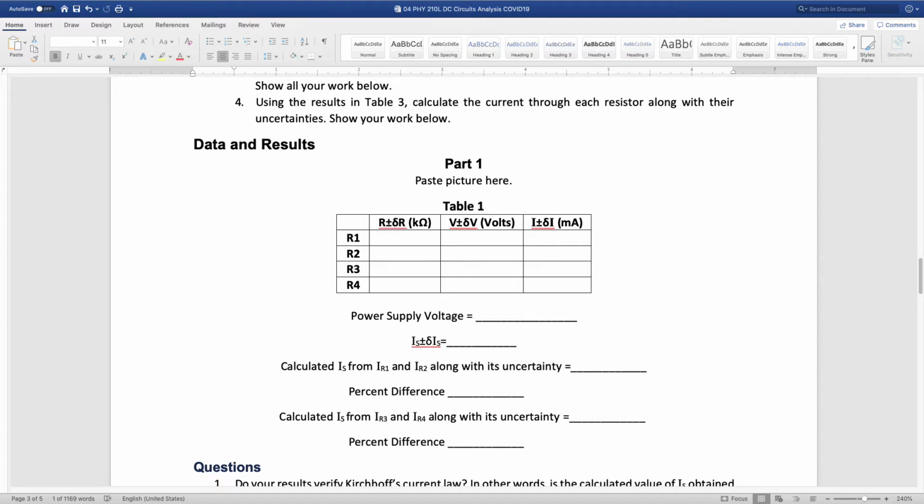Okay, so this version that I'm showing you on the screen is not the same as the version you have, because I added this the other day because somebody brought up a question regarding the power supply voltage. It tells you to measure it and record it, but there's no place to record it. So you'll put the power supply voltage below table 1 and table 2 and table 3.